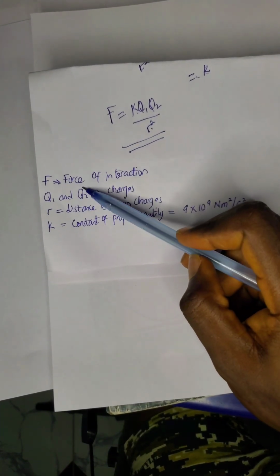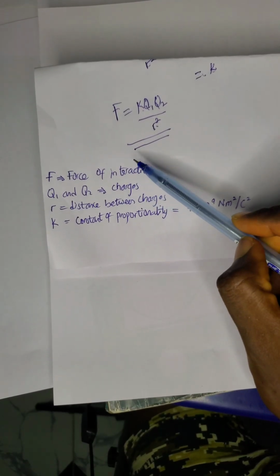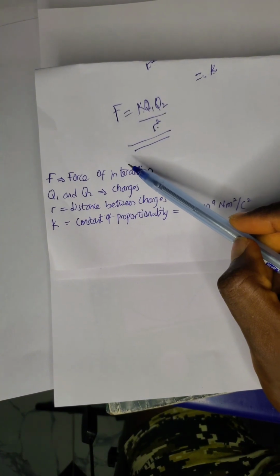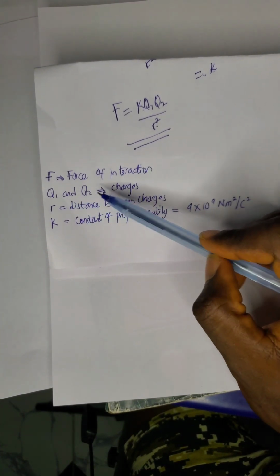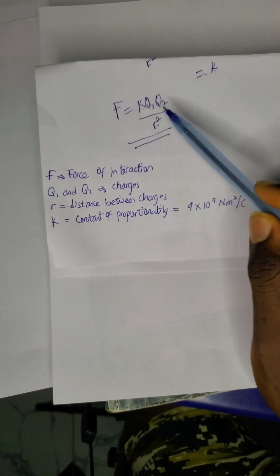So F stands for force of interaction, which can be attraction or repulsion. Take note, it can be both. And Q1, Q2 are charges. R is the distance between the two charges.